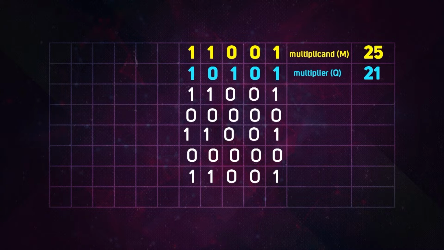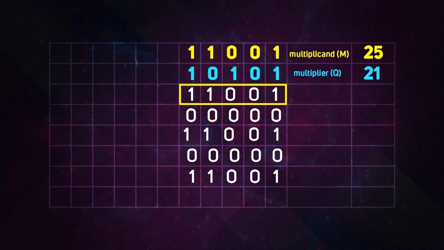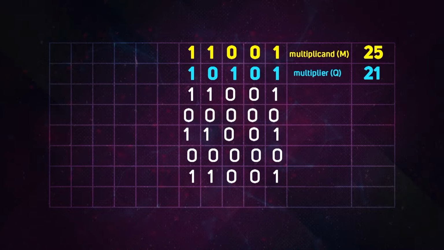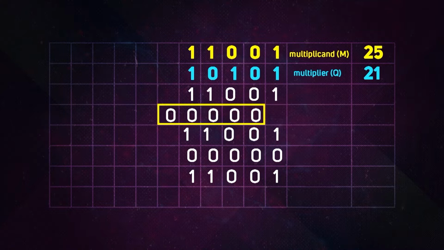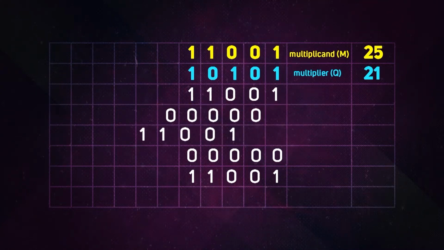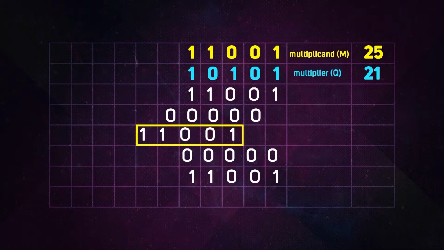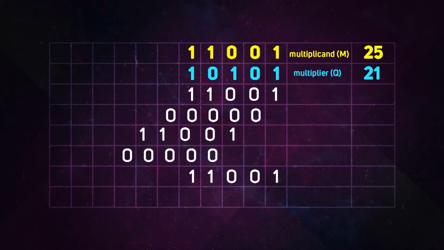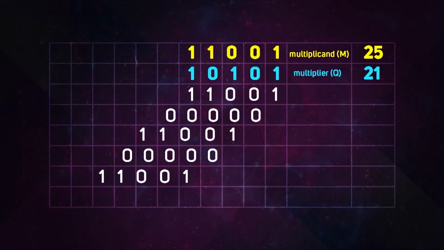Before adding all products, we should shift each intermediate product to the left according to its position, as we do in decimal multiplication. That is, write q0, the first partial product 11001, then one left shift and write q1, 00000, then 2 left shifts and write q2, 11001, then 3 left shifts and write q3, 00000, and write q4 after 4 left shifts, 11001.